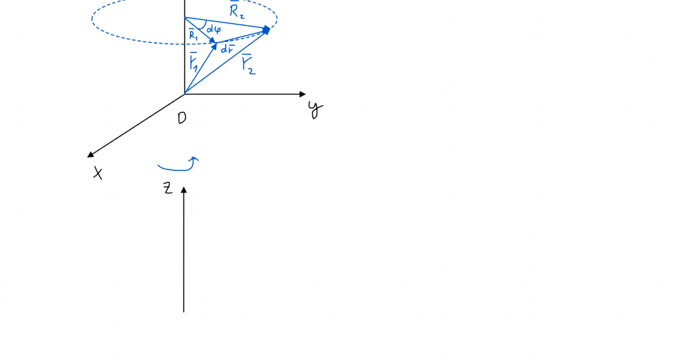And here we have origin O, and the radius vector r, small letter r, will be here, and big letter R will be here.